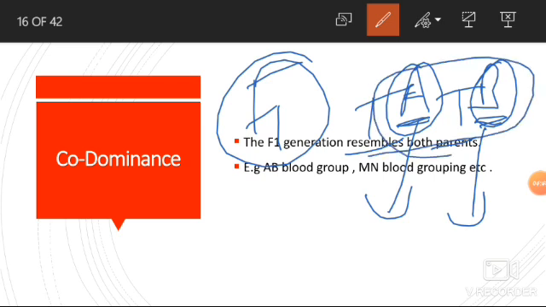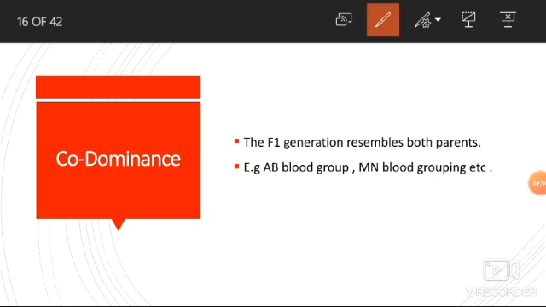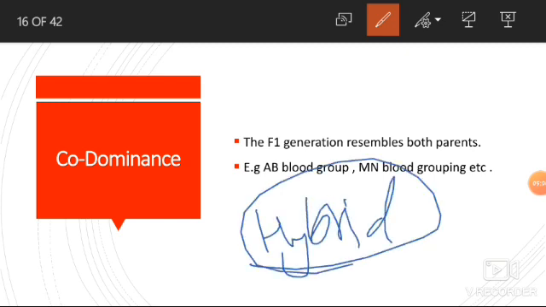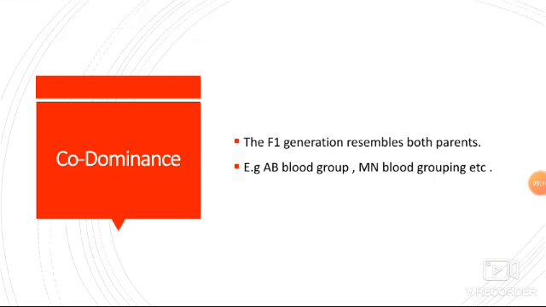Both the alleles show their effect combinedly and effectively. In codominance, this condition is always observed in hybrid condition. In homozygous condition, there is dominance recessive relationship. I hope you will get this.